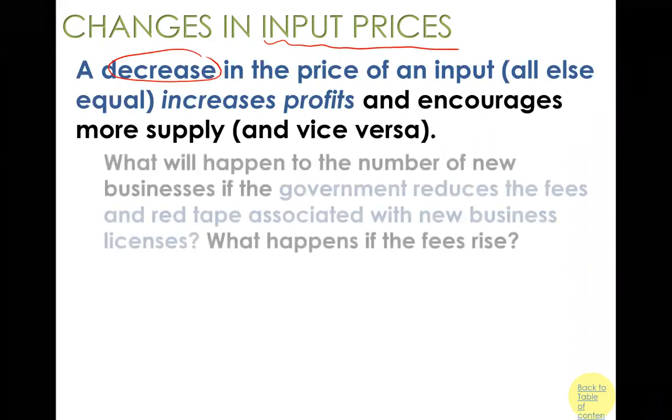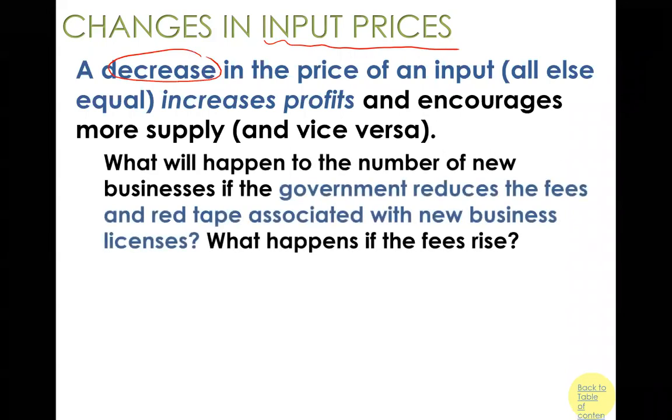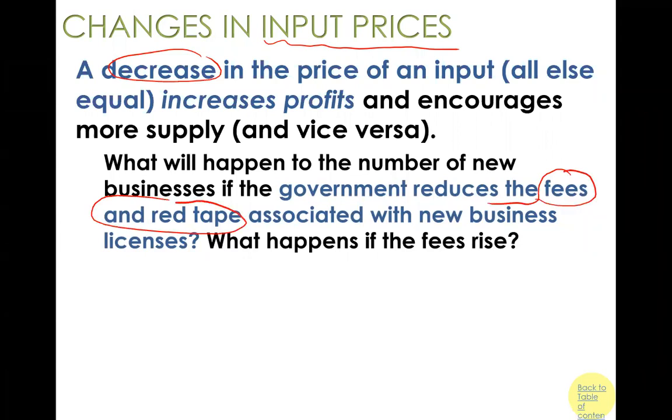Here are examples. What will happen to the number of new businesses if the government reduces the fee and red tape associated with new business licenses? To understand that, we need to identify what the fee and the red tape mean, and also understand what supply we are talking about.